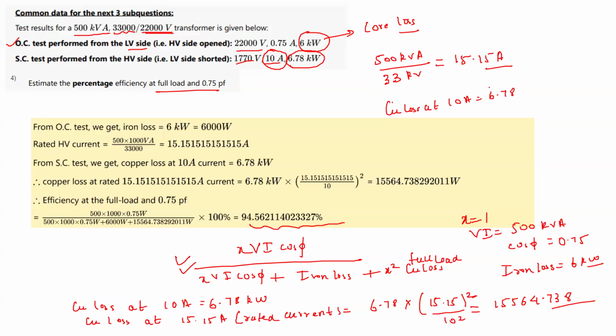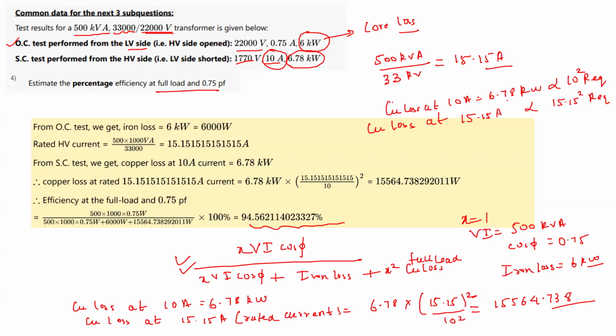Okay. So as I was saying, here you see the copper loss at 10 ampere. Copper loss at this 10 ampere is 6.78 kilowatt as per this question. And we know that it is 10 square R equivalent. Now copper loss at rated current 15.15 ampere will be proportional to 15.15 square R equivalent.